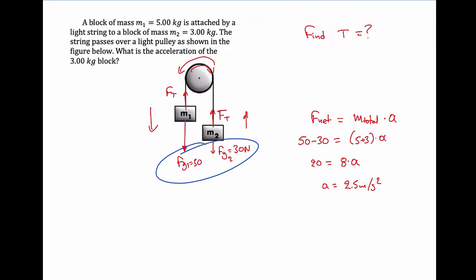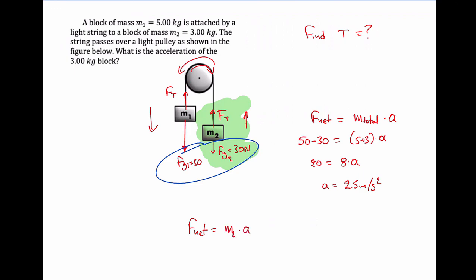Now that we know the value for the acceleration, it is easy to find the force of tension. We can work for object 1 or for object 2. I think I prefer to work for object 2. So the F net is equal to m2 times the acceleration.